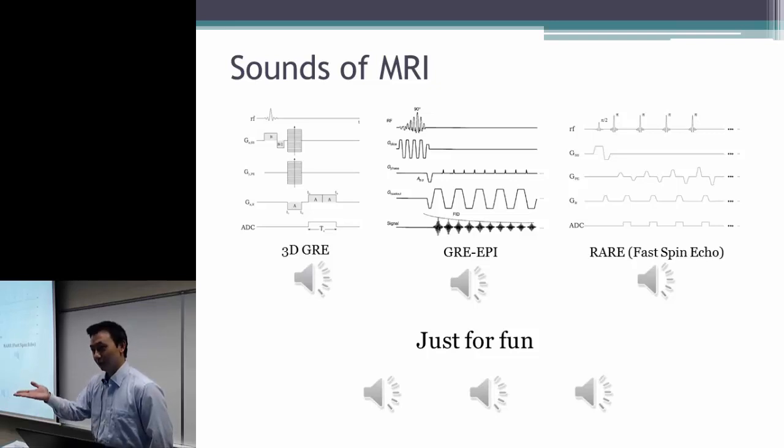If this current is alternating, then this force would also be alternating. So that means there is a physical vibration in that wire. It's the same thing here, because the gradient coils are wires, right? The RF coils are wires.